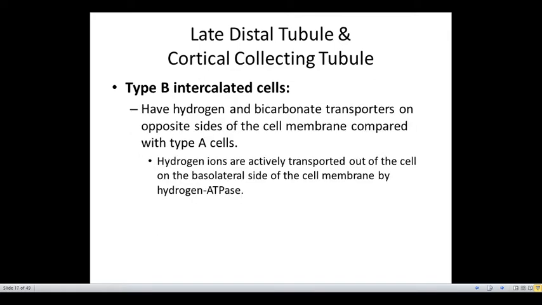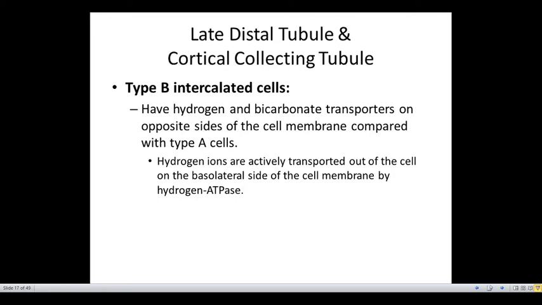Type B intercalated cells have hydrogen and bicarbonate transporters on opposite sides of the cell membrane compared with the type A cells.